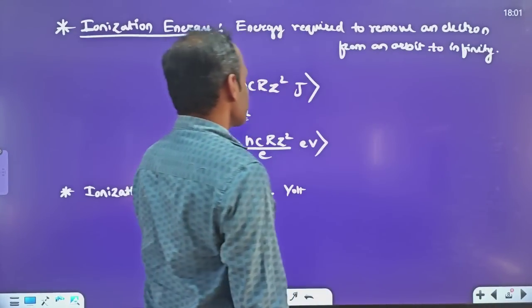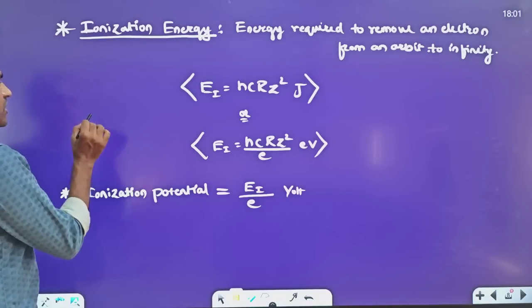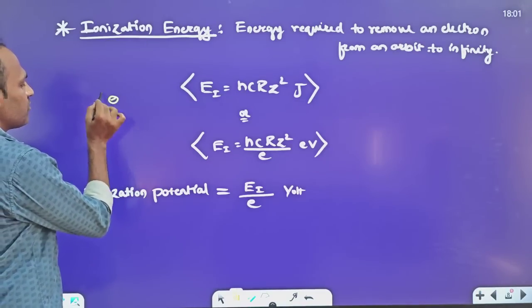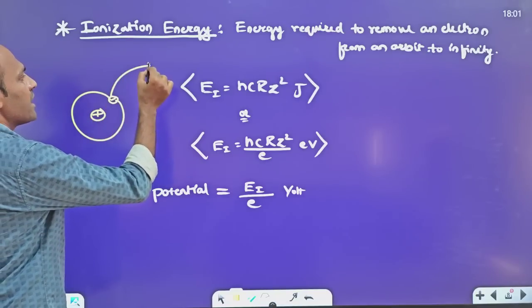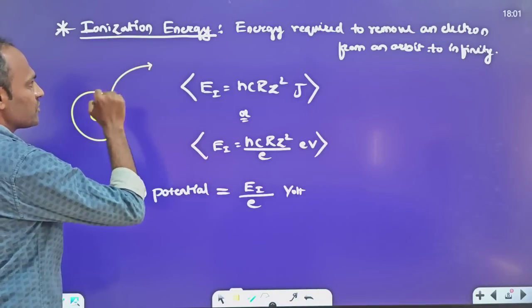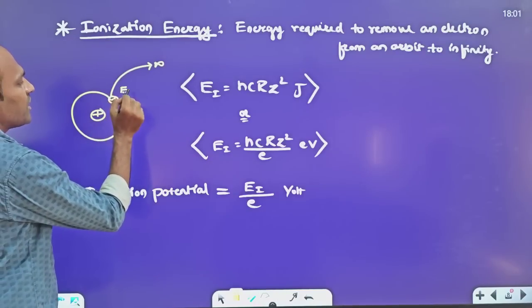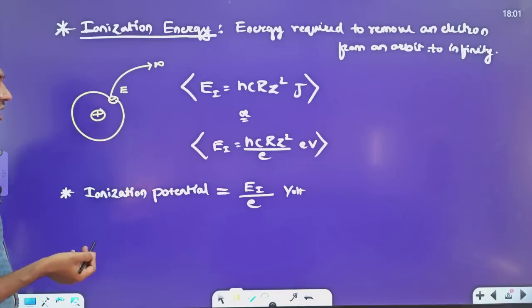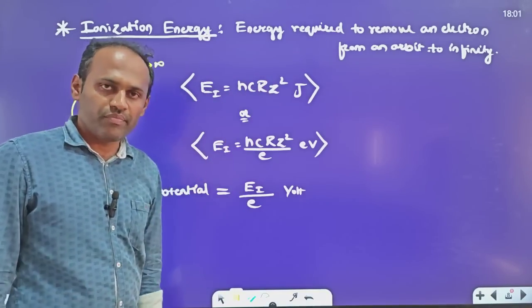Okay, next. See, ionization energy. What is ionization energy? If this is the nucleus and an electron is revolving around the nucleus in a circular orbit, and you want to remove this electron completely from the influence of that nucleus and keep it at infinite distance, how much energy is required to remove this electron? That is called ionization energy, and it is calculated by hcR Z square joule.